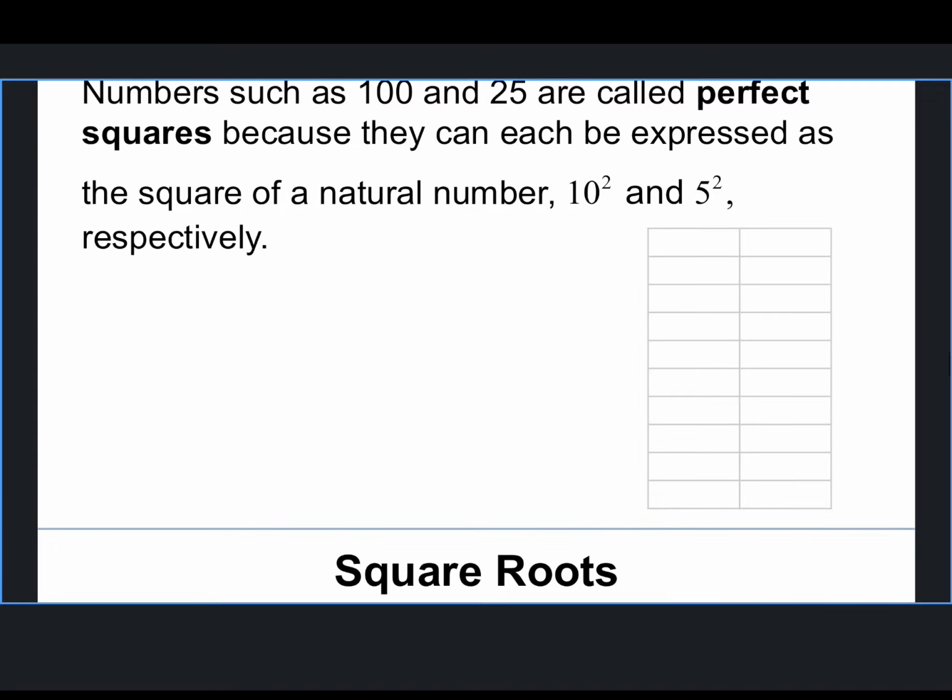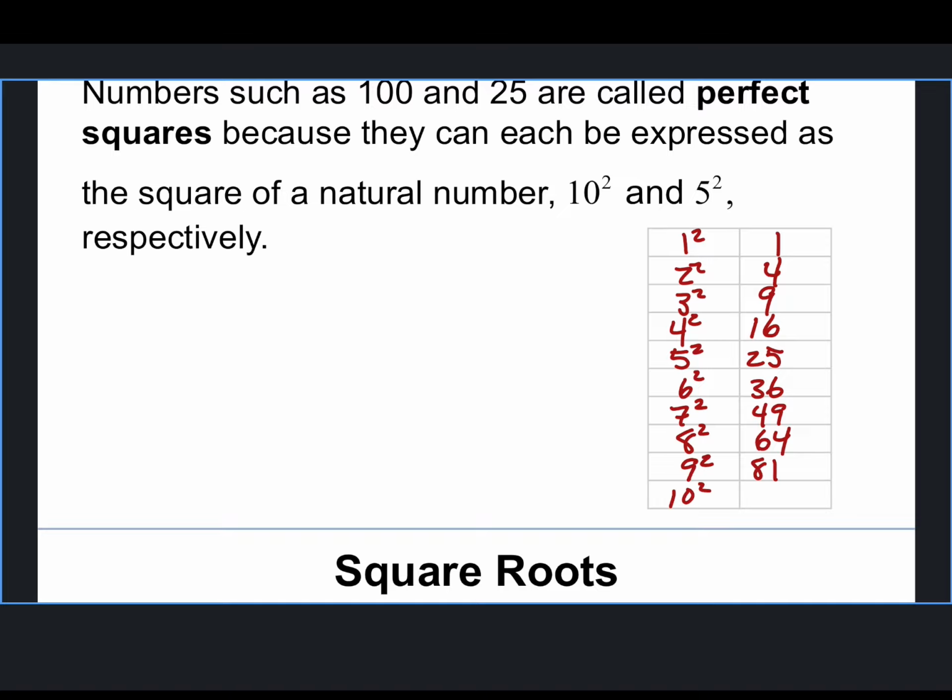So let's do a little list. Do y'all have the box on yours? Okay, so what's 1 squared? 1. 2 squared? 4. 3 squared? 9. 4 squared? 16. 5 squared? 25. 6 squared? 36. 7 squared? 8 squared? 64. 9 squared is?